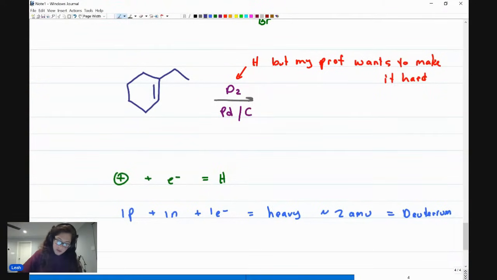And so the shortcut for drawing the product for a hydrogenation reaction, we draw the skeleton as we see it. We break the pi bond. Due in Italian. Cool. Learning new ways to say two today. We break the pi bond.